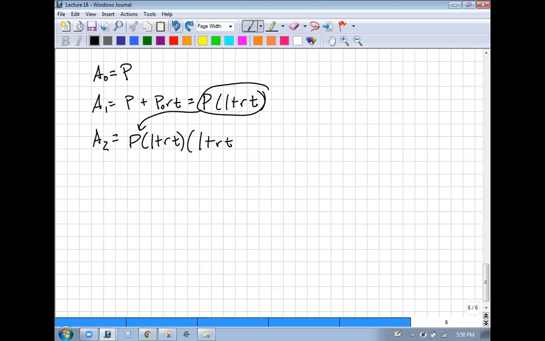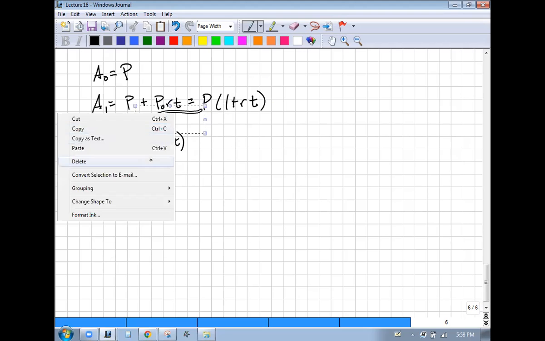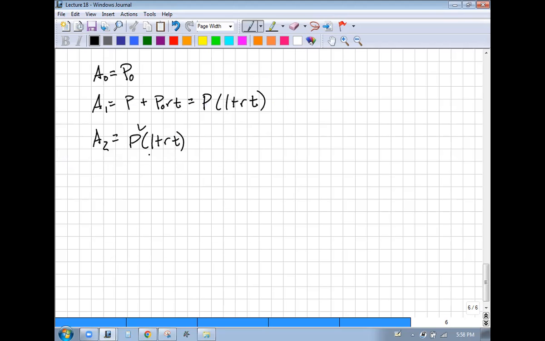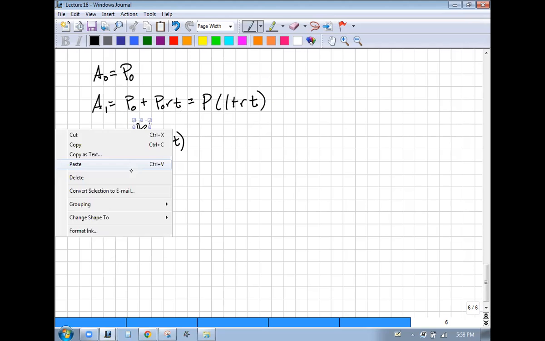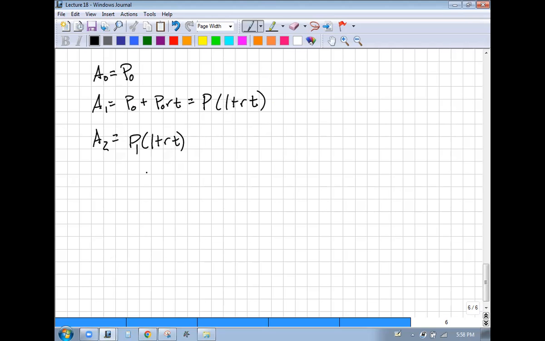Some notation here. I'll call this P1, where P1 is P naught times 1 plus RT.